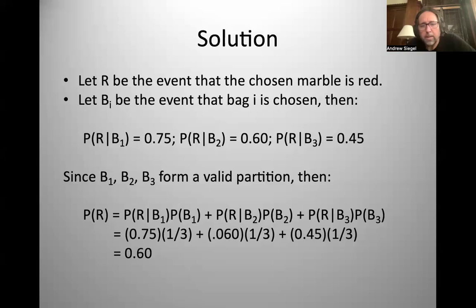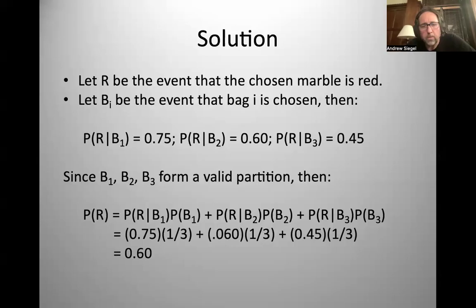Since each bag is equally likely to be chosen, the probabilities of bag one, bag two, and bag three are all one third. The red probabilities for each bag are given in the problem. They're 75, 60, and 45% when you form the ratios.